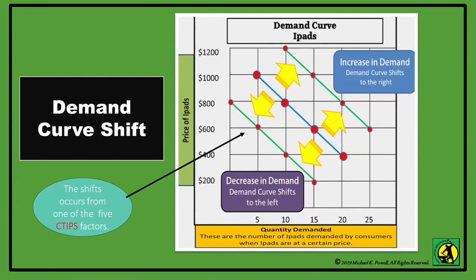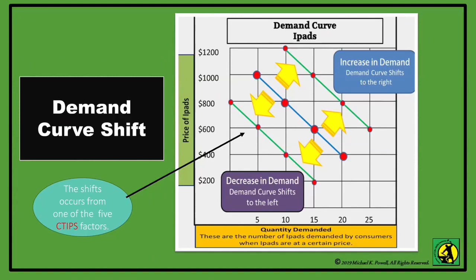If there was an increase in demand, the price hasn't changed, so some other factor has caused demand to increase. That green line now shows us that still at $1,000, but now the demand is at 15 because another factor other than price has caused a shift in demand.